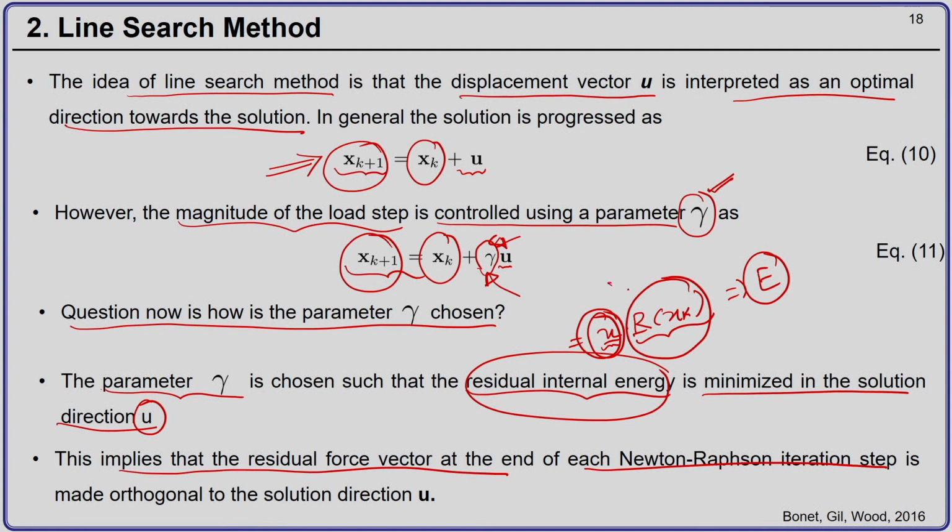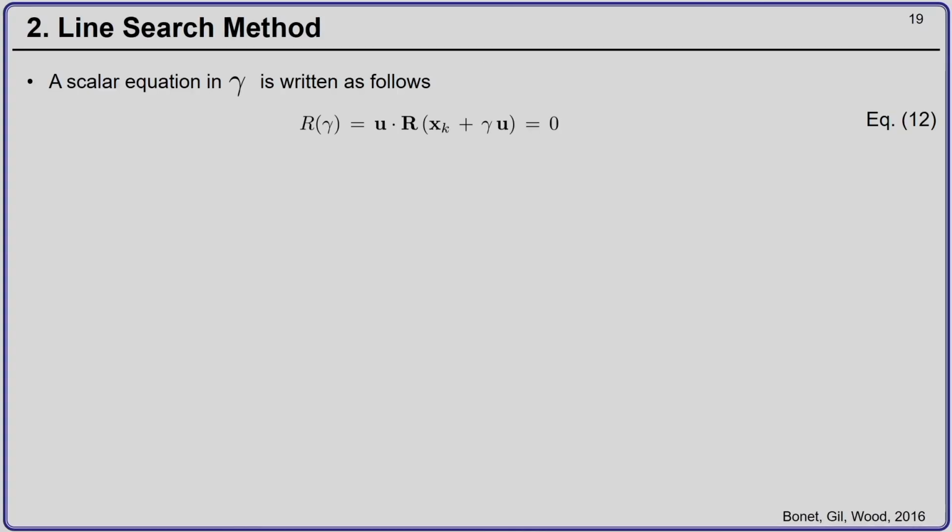Then only, because this is a vector and this is a vector, and if this has to be minimized, u and r both have to be orthogonal to each other. Then only will this u dot r approach 0, that is, the residual energy will be minimized.